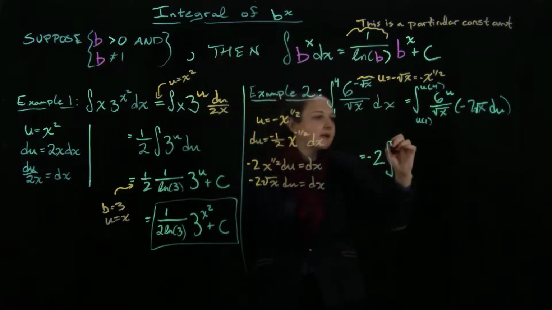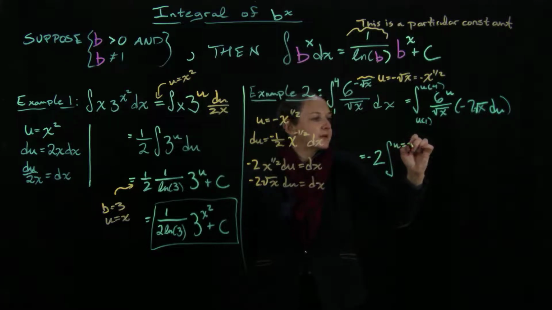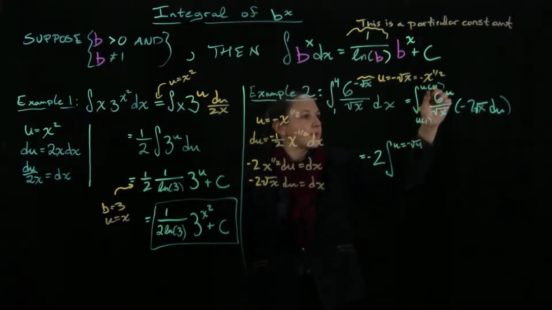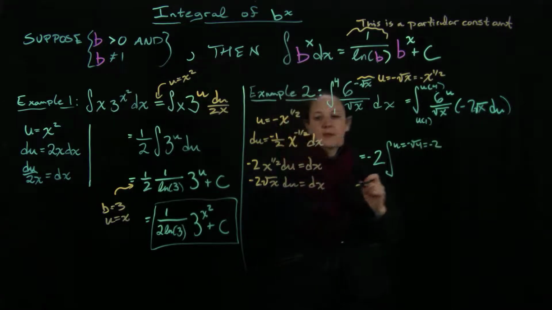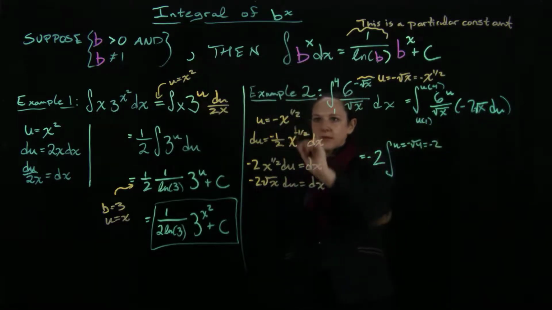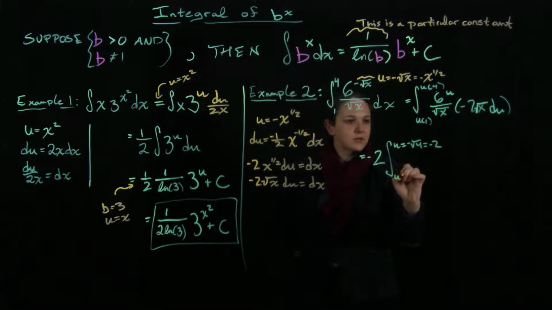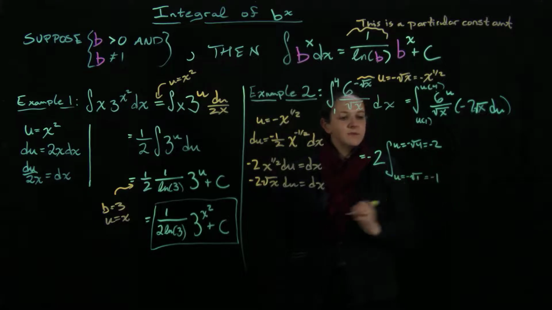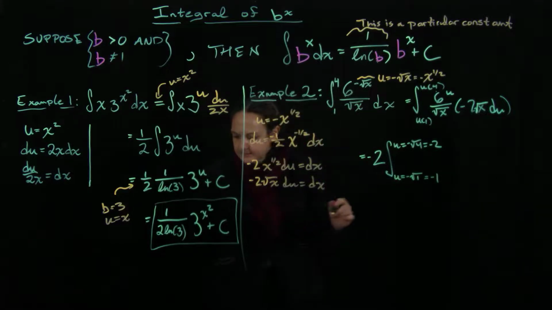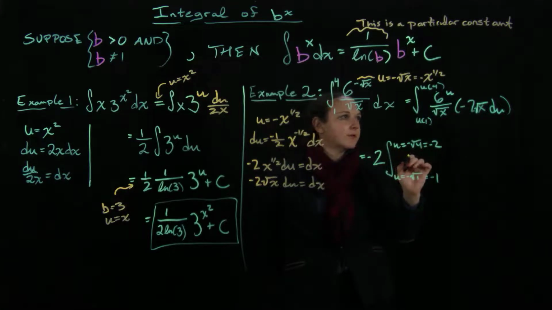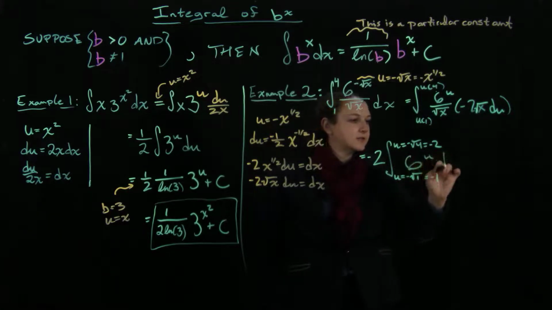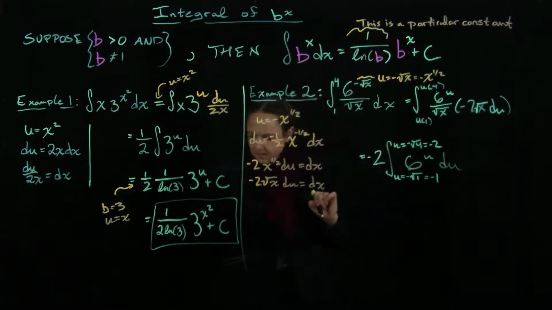So we have u equals minus the square root of 4, which is going to equal minus 2. And now we're going to put this 1 into our u function. So we get u equals minus the square root of 1, which is going to equal minus 1. Okay. And now these things cancel. The minus 2 is pulled to the front, so I'm done with just writing 6 to the u du.